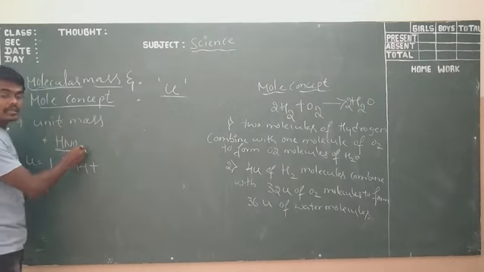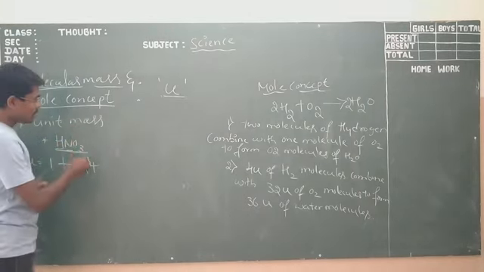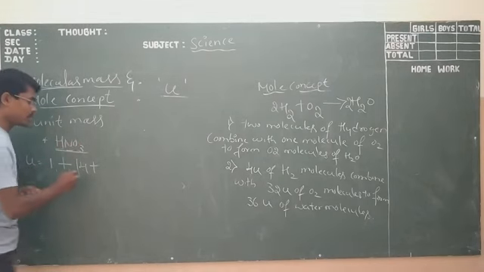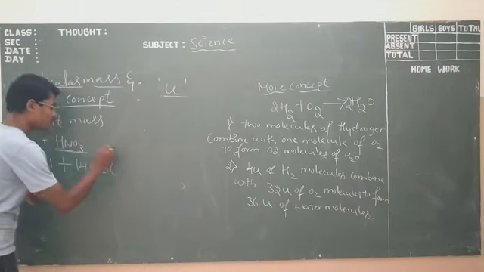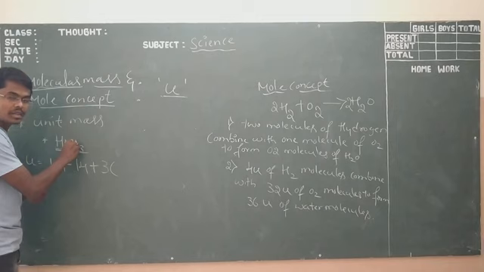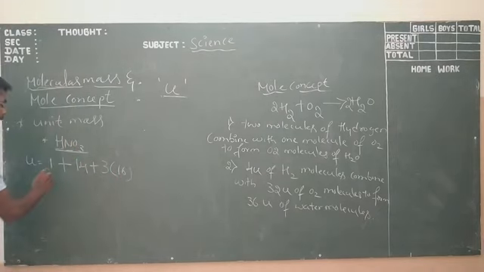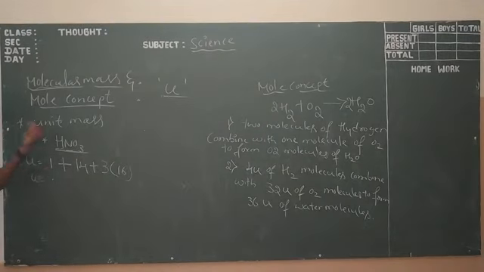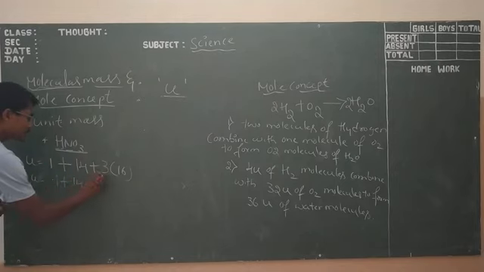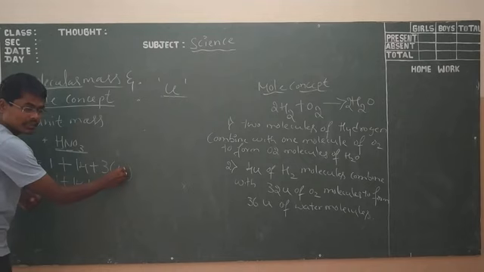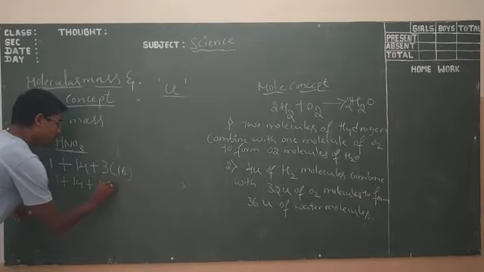But 3 atoms of oxygen are present in this molecule. For that reason, I am going to write 3 into 16, the atomic mass of oxygen. Now you add all these things, you will get the molecular mass of this nitric acid. 1 plus 14 plus 3 into 16, that will give 48.